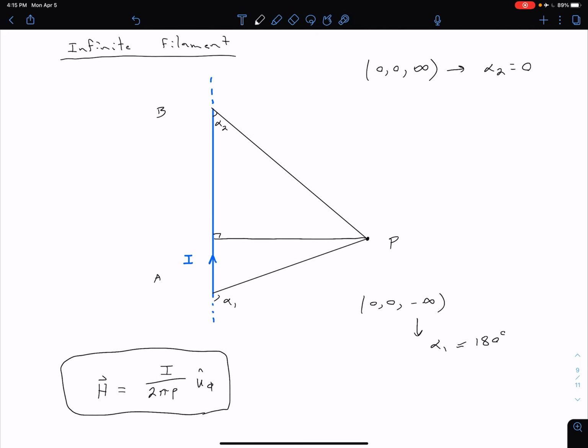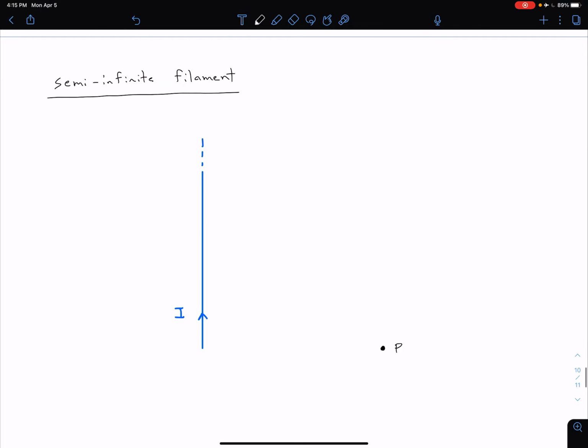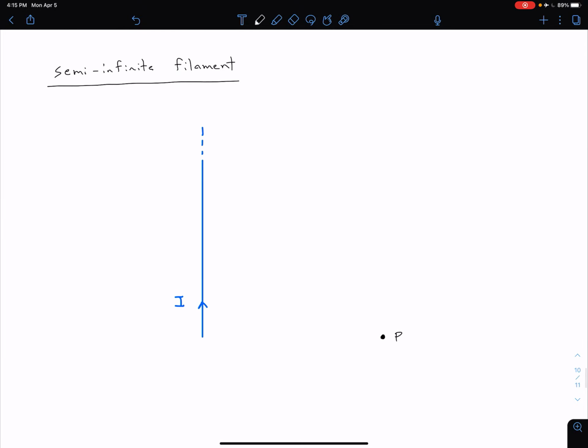Now let's talk about our semi-infinite filament. And so you might be asking yourself, what's the difference between semi-infinite and infinite? Again, it's sort of a weird mathematical thing. Of course, it's going towards infinity in this direction, but now we're saying it's not going towards infinity down here, so it has some finite start point. So let's say that it's starting at some point 0, 0, 0.